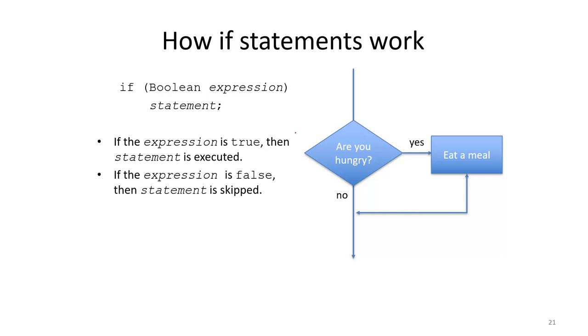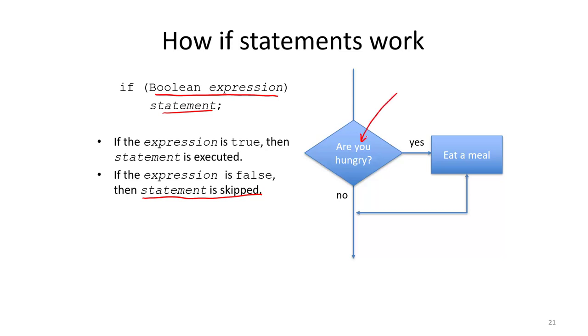So an if statement will check whether the Boolean expression is true. If the Boolean expression is true, then the statement that follows is executed. If our Boolean expression is false, then that statement is completely skipped.